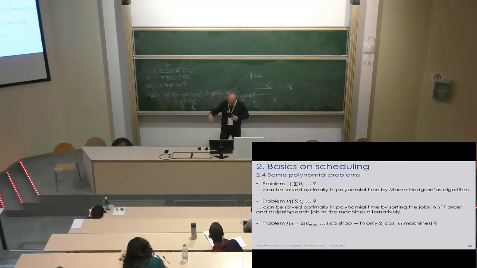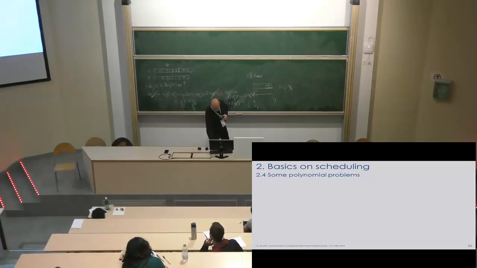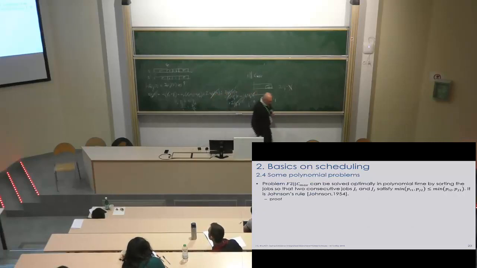Very nice, but we have not the time. The 2-machine flow shop with makespan minimization can be solved, and we can do the proof by using the same technique. It's a bit more complicated, but it can be done easily.